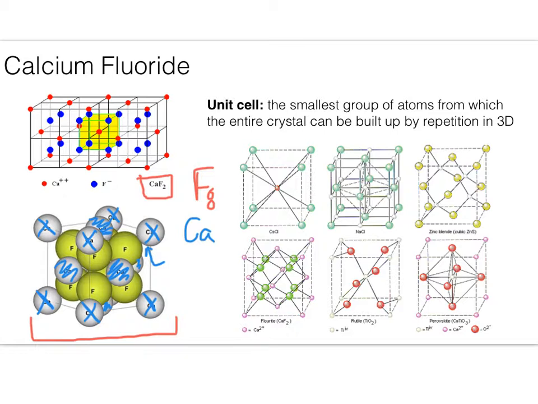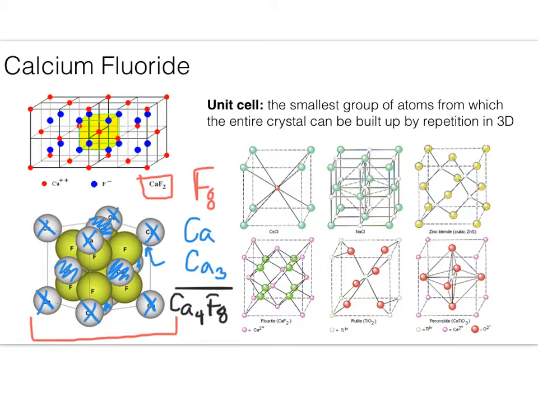So if we have 6 calcium atoms and each one's providing half, that's going to give us a total of 3 calcium atoms. And so if we look at which atoms are inside the unit cell, I think we would say something like calcium 4, fluorine 8.